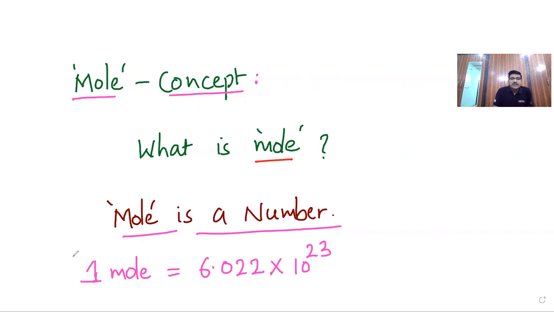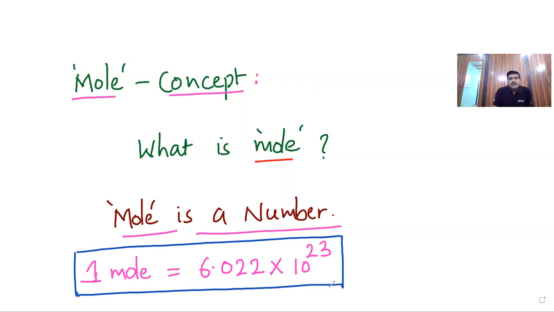Observe this. 1 mole is equal to 6.022 into 10 to the power of 23. That means this much quantity is equal to 1 mole.